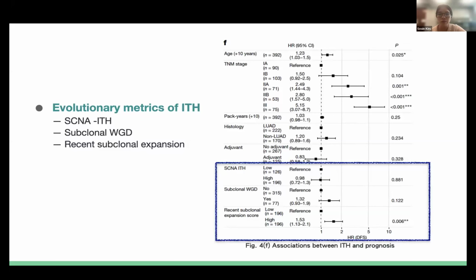So this was one of the figures in the paper. As you can see here, they included 3 evolutionary metrics to see the prognostic effect.